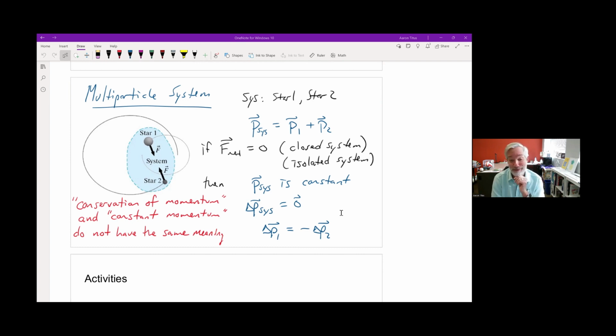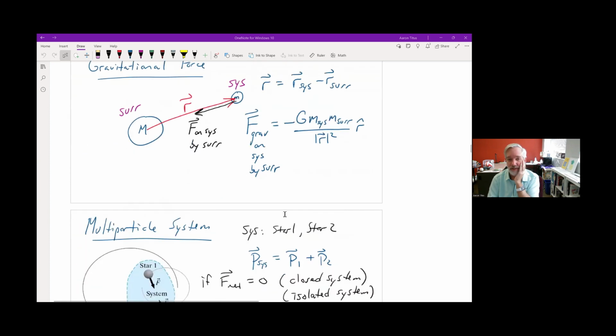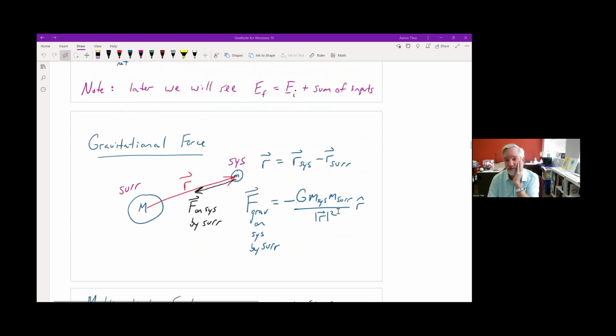And so it turns out that the field itself has momentum. And so momentum conservation is at a higher level than Newton's third law, we'll put it that way. What we call Newton's third law is really the reciprocity inherent in the gravitational and the electric forces.